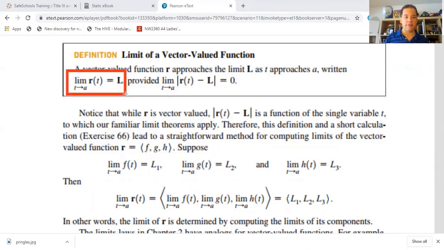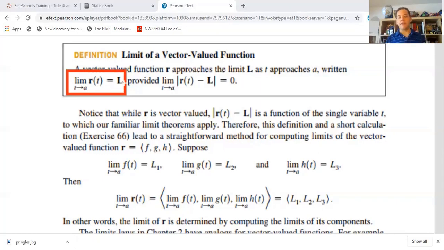We write the limit of the vector function r of t when t approaches a is L, if the magnitude of the difference vector, so if you subtract one vector from the other, that magnitude goes to 0. If that happens, we say that the limit of the vector function r is L.